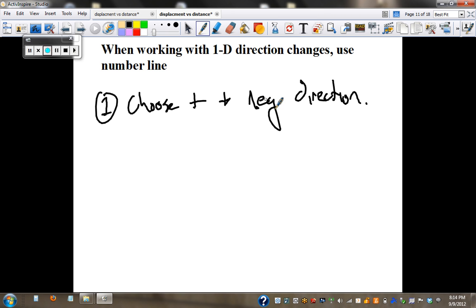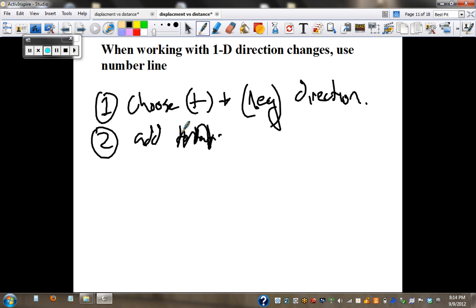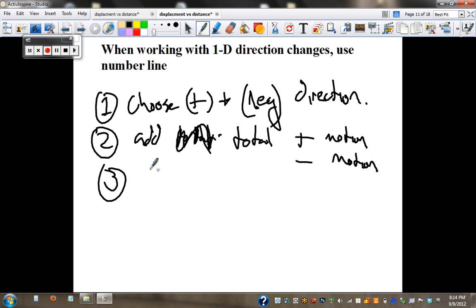It doesn't matter what side is what, you choose. The next thing you need to do is add the total positive motion and negative motion. Step 3, find the difference.